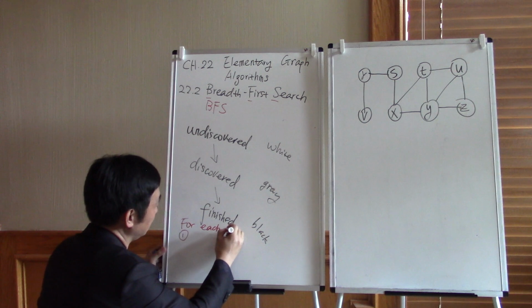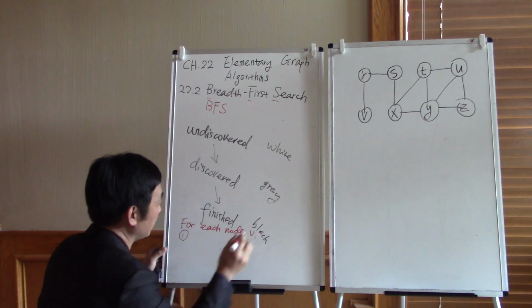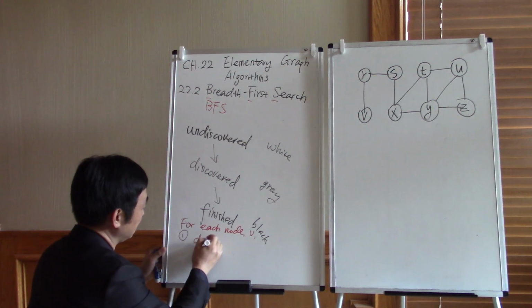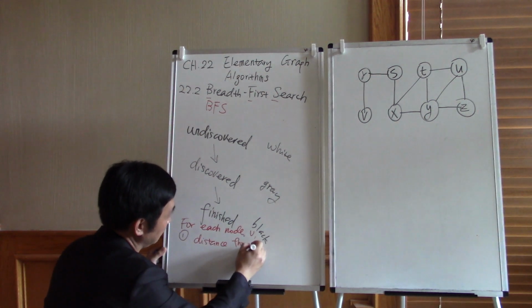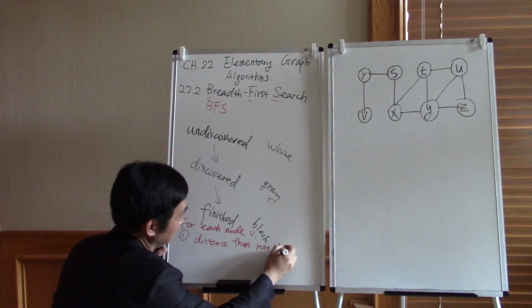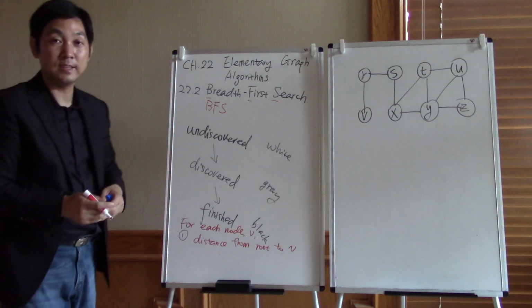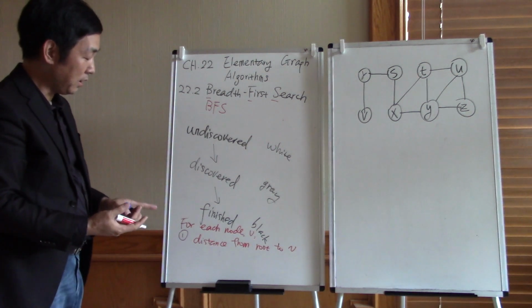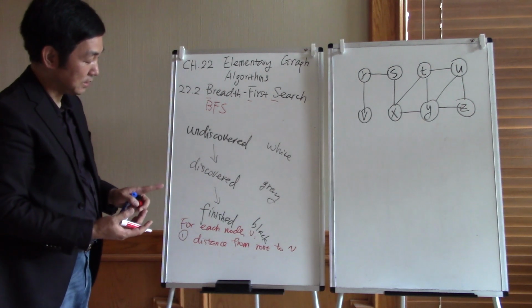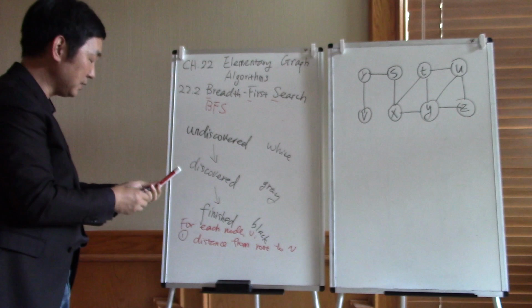For each node V, we are going to remember the distance from root to V. Here the root is the node that we started with. So for every node, we have to remember the minimum distance from the root to this node V. And we are going to call this one D of V.